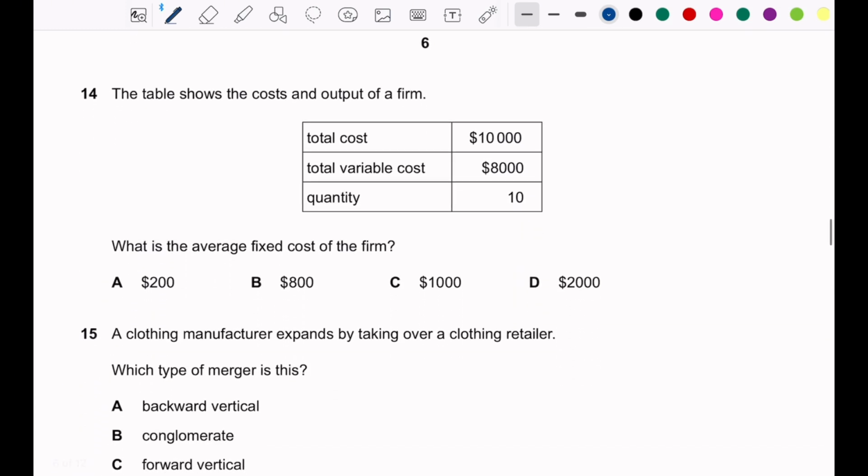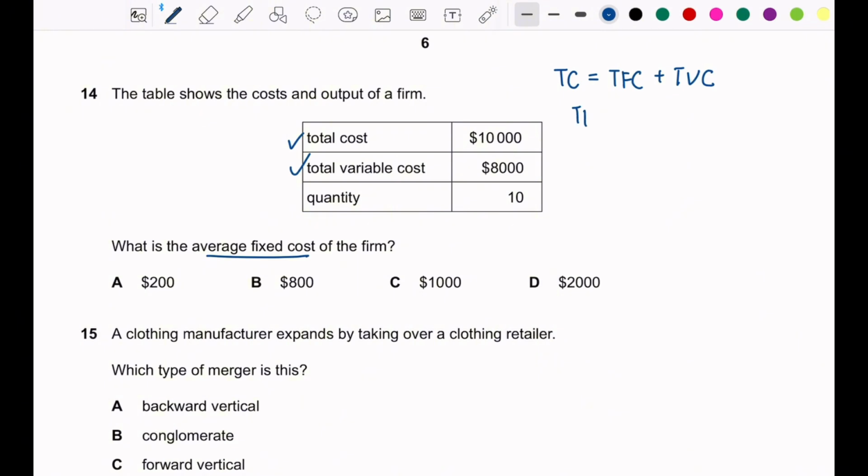14. The table shows the cost and output of a firm. What is the average fixed cost of the firm? So right now we are given total cost and total variable cost. We can find this using this formula. Total cost is equal to total fixed cost plus total variable cost.